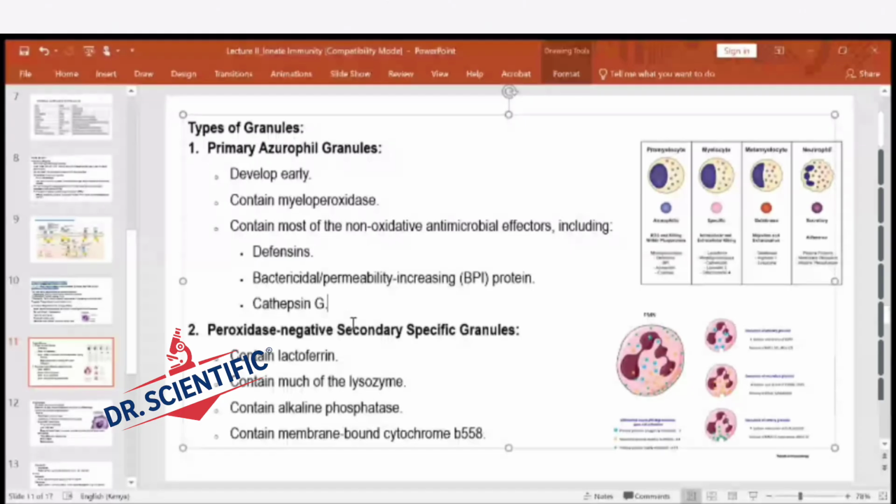Alkaline phosphatase. This enzyme, of course, will remove phosphate groups. Phosphate, of course, is a form of energy. If energy is not released, then of course, a process that is going on will not happen.